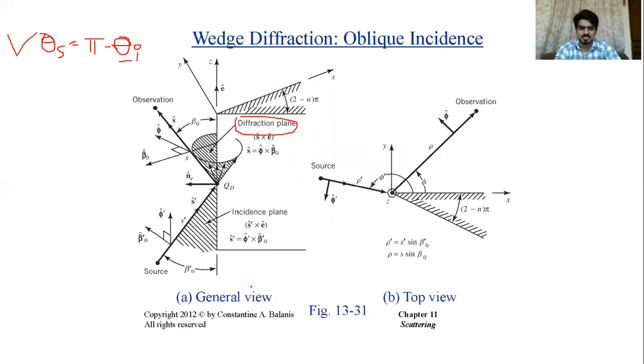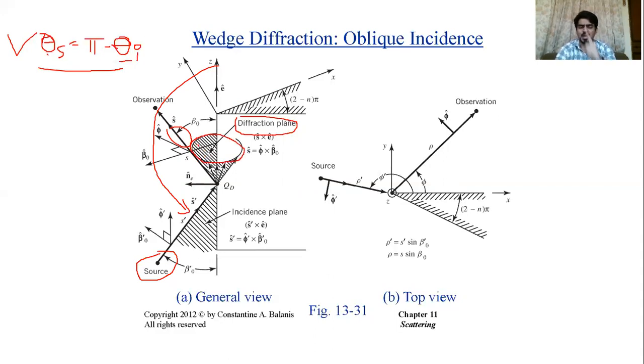Now for oblique incidence, this is the direction from which the incoming waves are incident, at some angle theta I. At theta s equals pi minus theta I, along this direction, you create a cone, since it is symmetric along the phi direction.